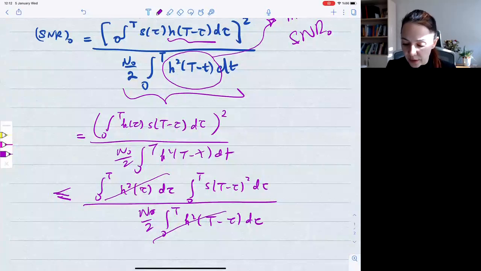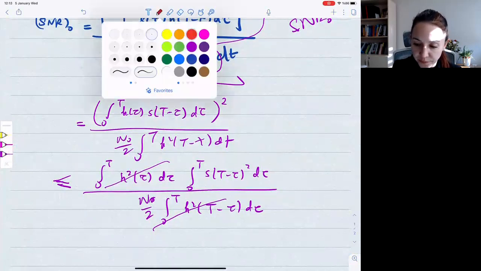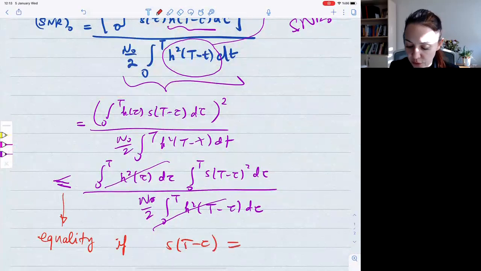And so this is an upper bound, and equality is achieved if s of T minus tau is equal to a constant times h of tau.